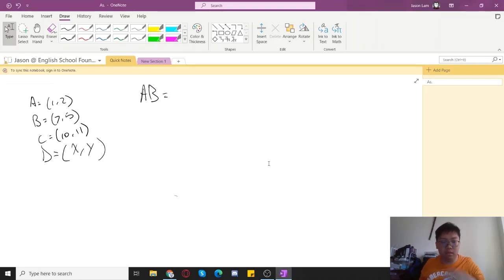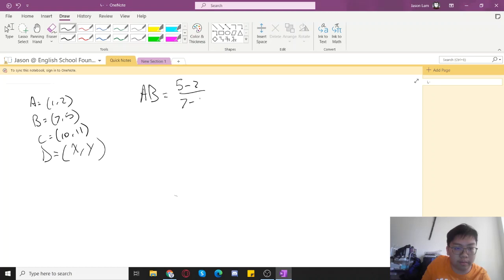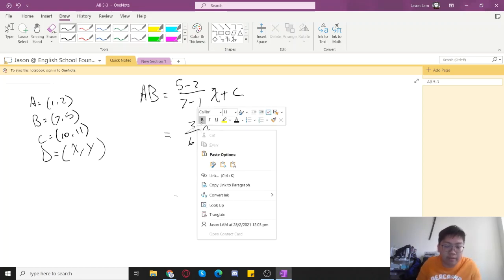Well, guess not. Let's do it quickly now, so we don't have to do it later. So 5 minus 2 over 7 minus 1, y equals x plus c. All we want is the gradient. That's 3 over 6.